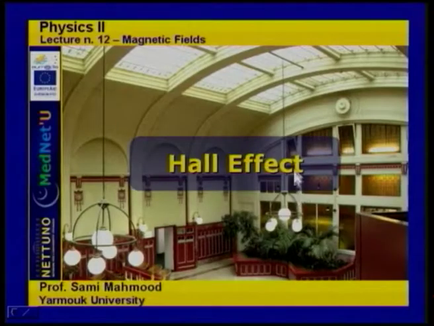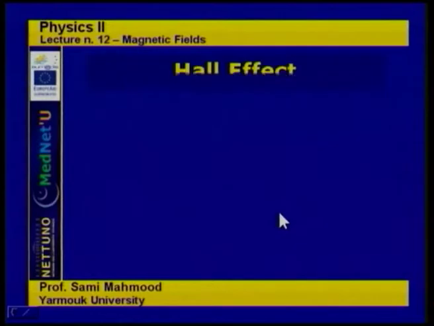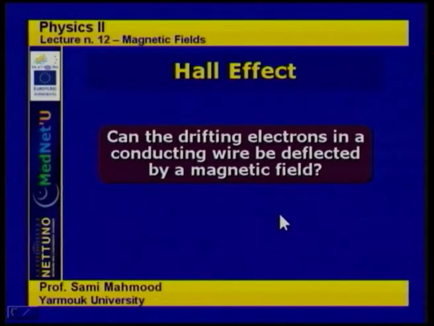And now let's discuss another effect which arises from the magnetic forces acting on charged particles moving in the field, the Hall effect. We have seen that charges moving in space are influenced by a magnetic force.